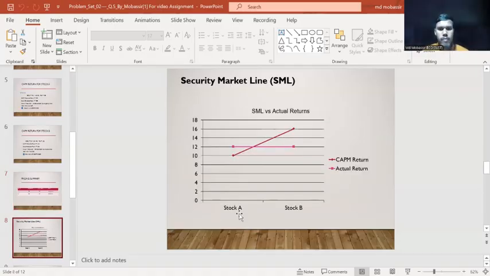In this diagram, we sketch the security market line, SML, using CAPM return and actual return, stock A and stock B. The upward sloping curve is for CAPM return, and the line parallel to the horizontal is the actual return for the stock.